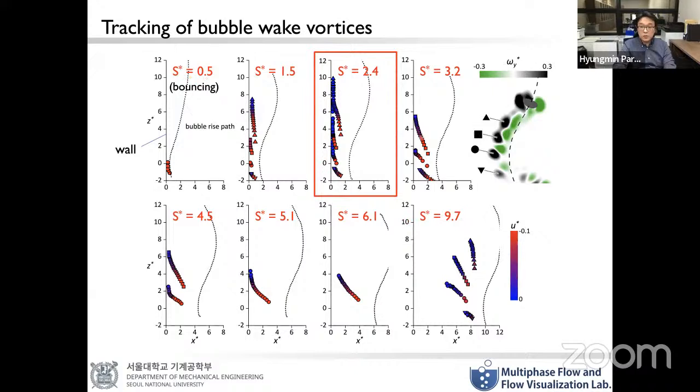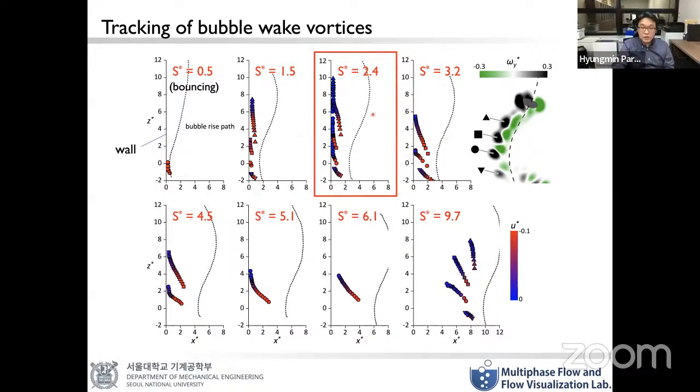On the symbols, we have different colors from blue to red, which show the relative magnitude of the horizontal velocity. As you can see, depending on the distance between the bubble and the wall, a different number of wake vortices actually goes to the wall, and their vertical range of interaction is different.